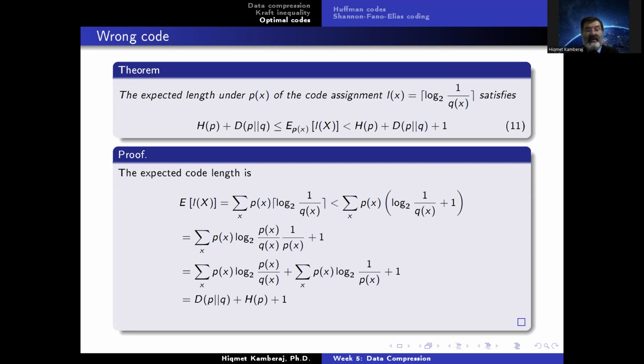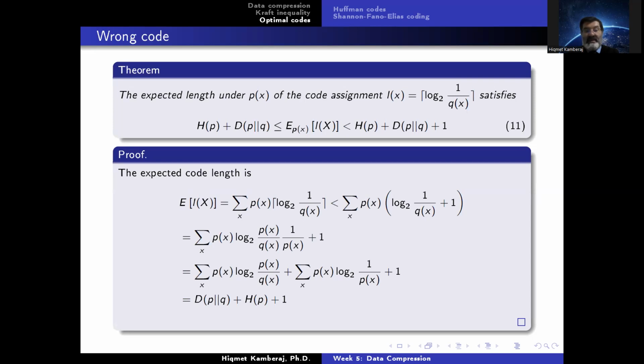It is the sum of all x's P of X, ceiling of log with base 2 of 1 over Q of X. Now I use the property of the ceiling function, and this is less than the sum of all x's P of X times log with base 2 of 1 over Q of X plus 1.